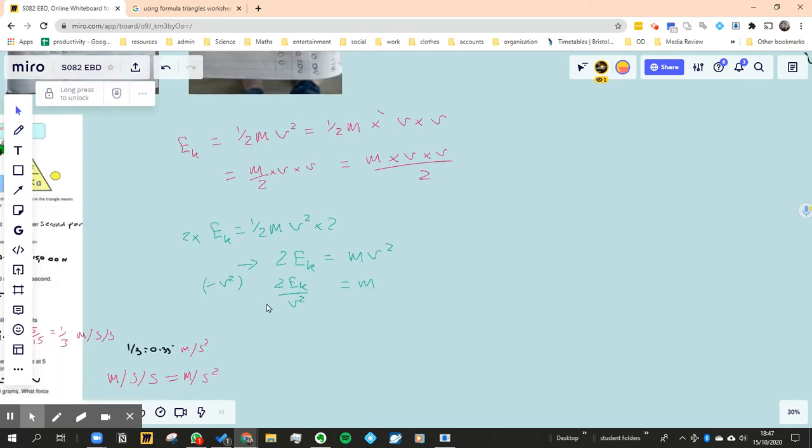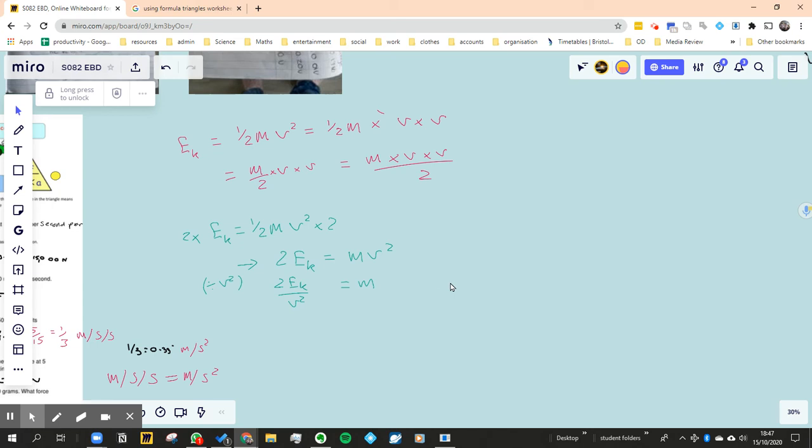So that's what you would do to rearrange it to m equals. First I multiplied by 2 to get rid of the half, because a half times 2 is just 1, so then you get 2E_K is equal to mv squared. And then I divided by v squared, and I got that.